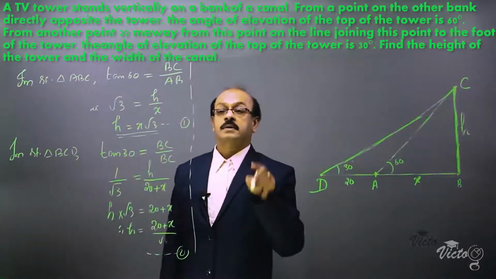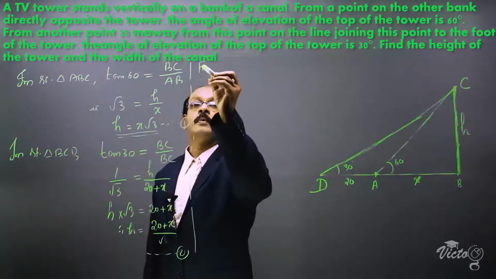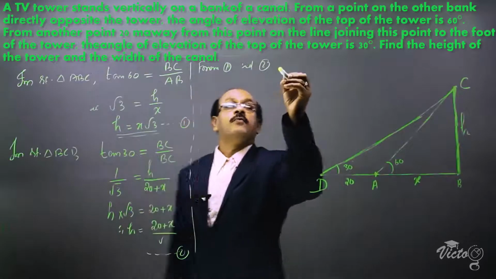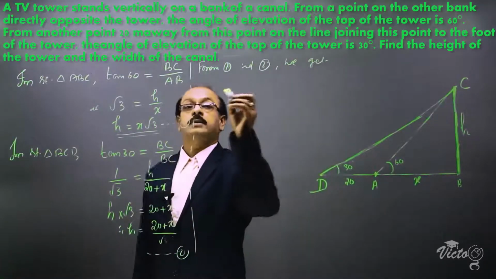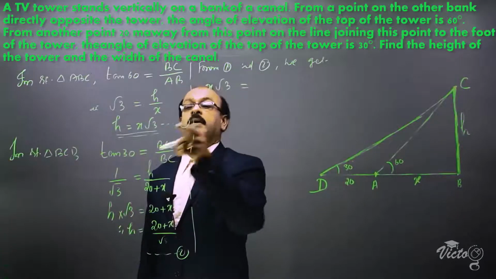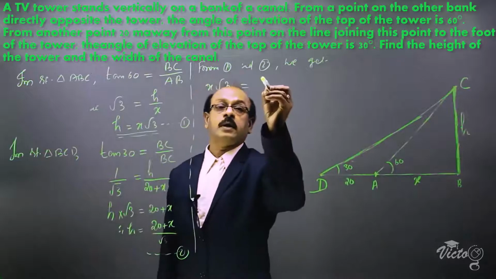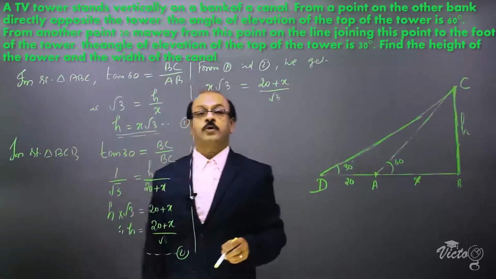Therefore, the right-hand sides must also be equal. From equations 1 and 2, x root 3, the RHS of equation 1, is equal to 20 plus x by root 3, the RHS of equation 2.